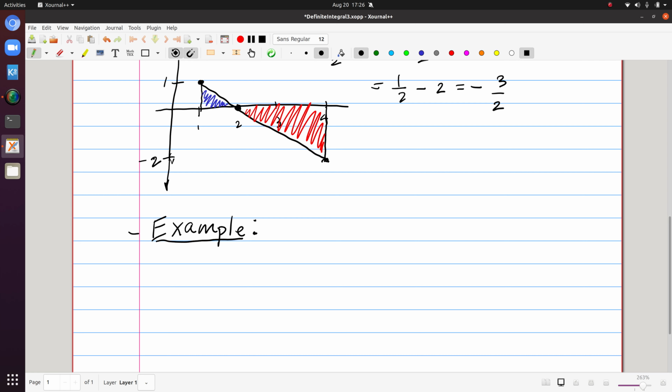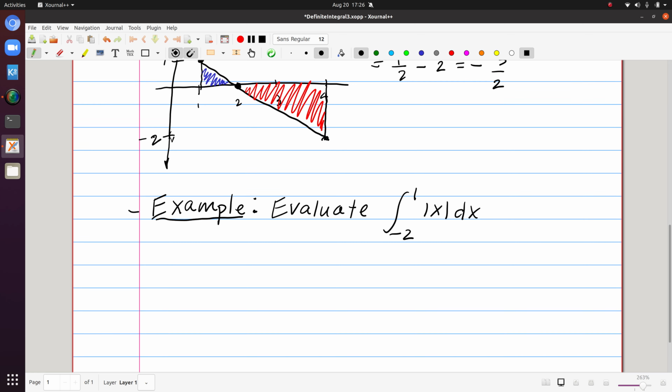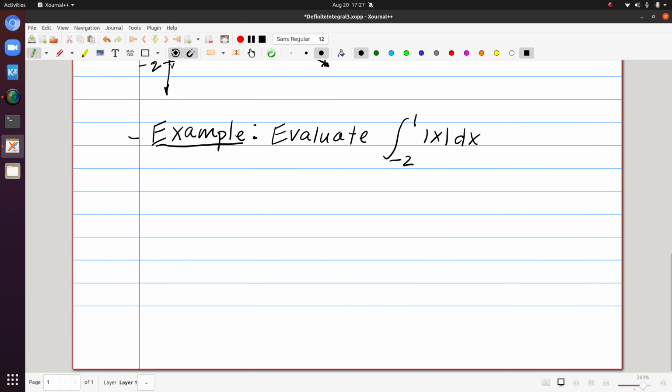If you're asked to evaluate the integral, say, of the absolute value of x from -2 to 1, we can use geometry for this. Think about what this picture would look like.